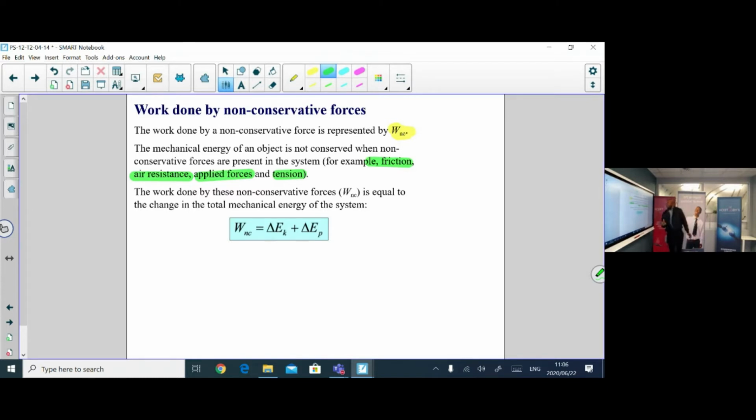All right, the work done by the non-conservative forces is equal to the change in the mechanical energy of the system.